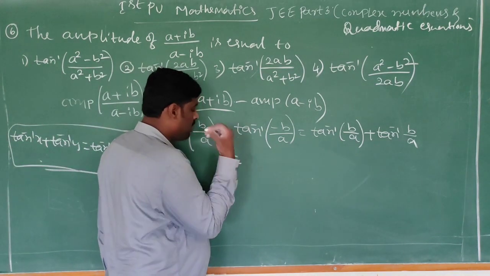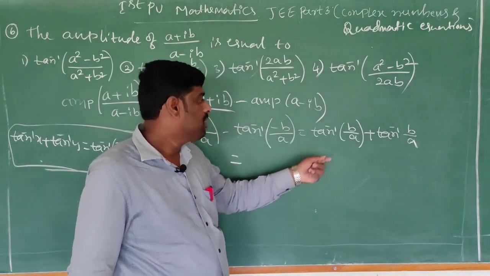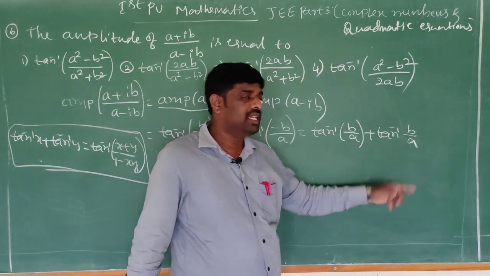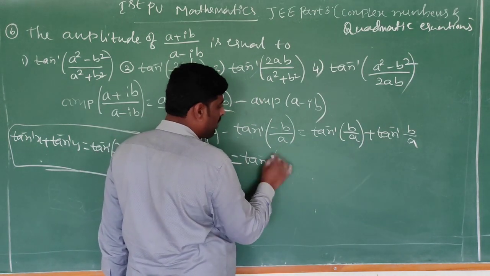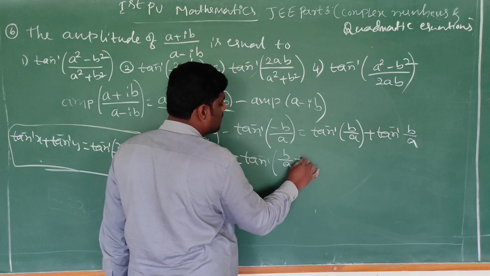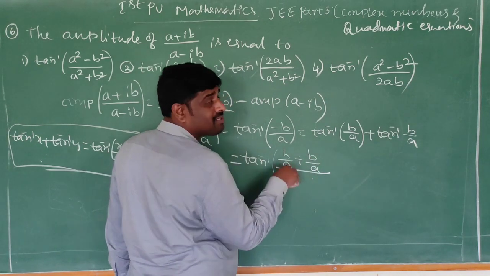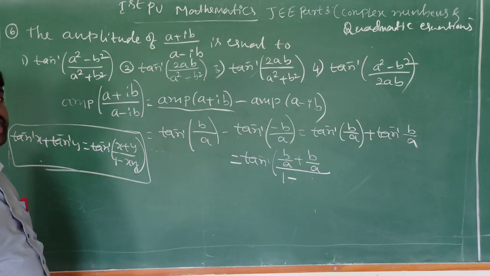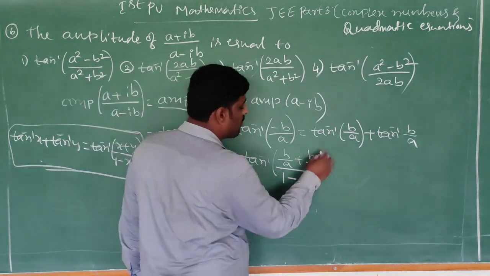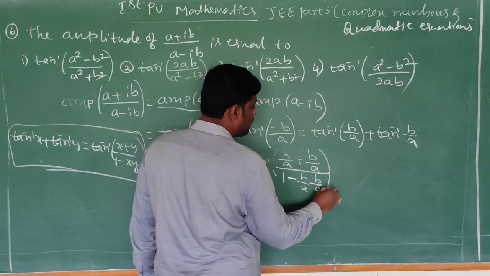So now here, tan inverse b by a plus tan inverse b by a. Here x is b by a, y is b by a. So tan inverse of (b by a plus b by a) divided by (1 minus b by a into b by a).